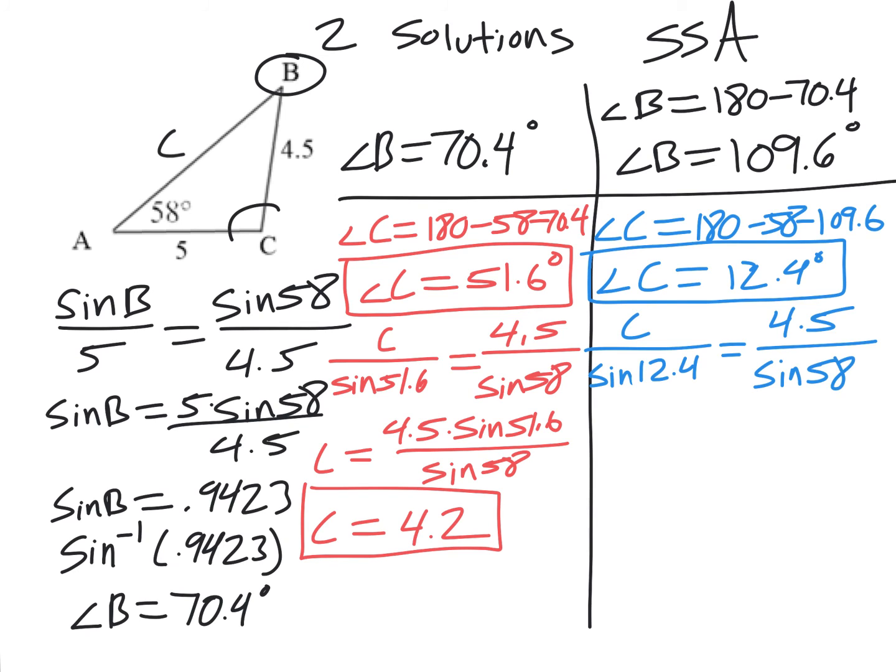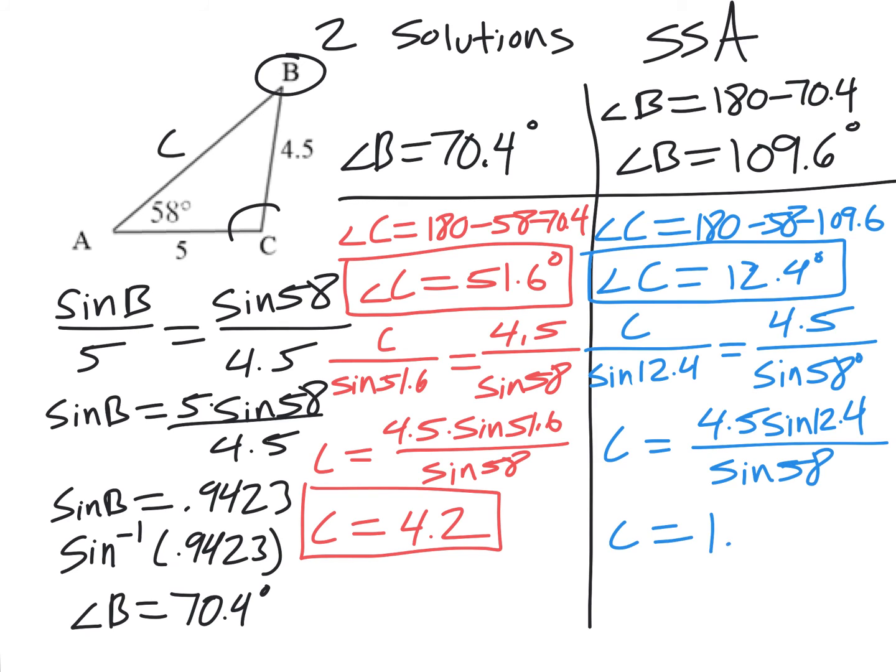So I knew those measurements before I started. So there's your second case. If B was 109.6, angle C would be 12.4, side C would be 1.1.